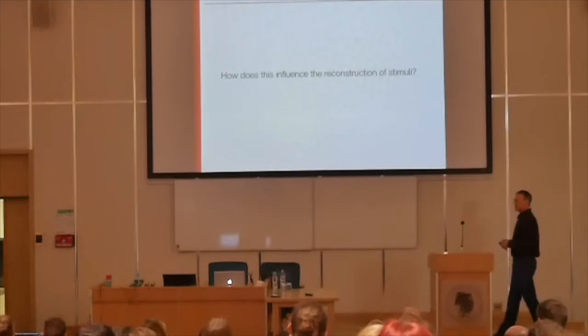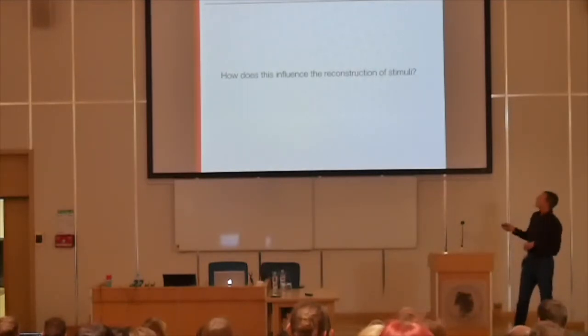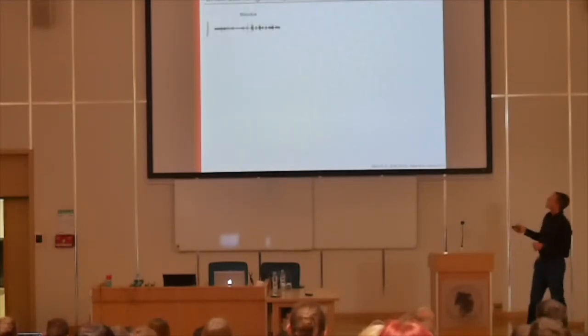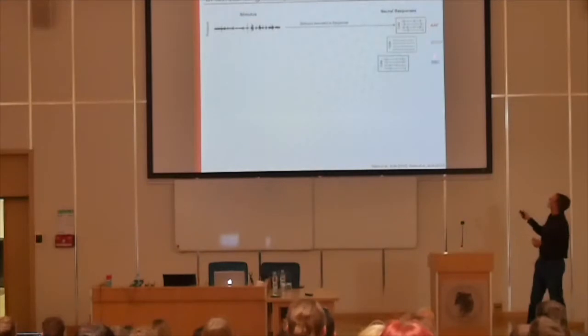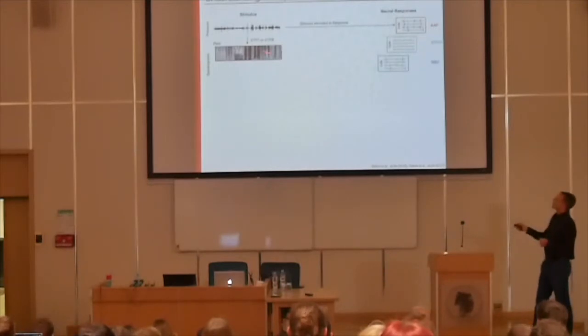Now, again, continuing in a similar way to how Luigi worked on this, we looked at how the reconstruction of stimuli is influenced by this. So we use an auditory stimulus, then look at the neural responses of the auditory nerve fibers, the EPSPs that didn't make it, and the outputs of the spherical bushy cells. We then look at the short-term Fourier transform or this gammatone filter bank output of the stimulus, and we try to relate the two.